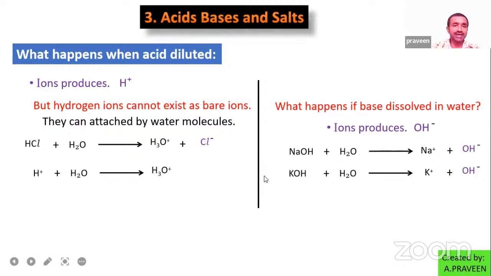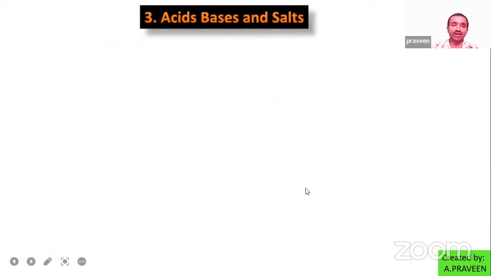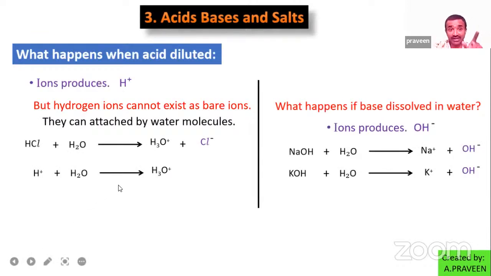This happens when an acid or a base is added into water, diluted. Then going to Activity 9. What is Activity 9? In the previous discussion I said, what happens when acid is diluted? Simply, acid and water we are combining.